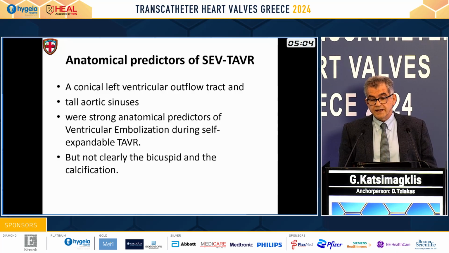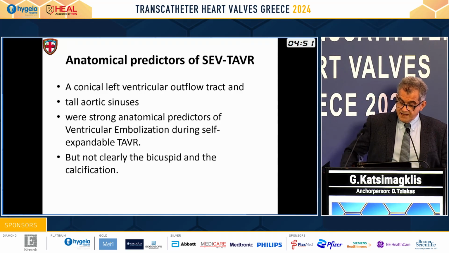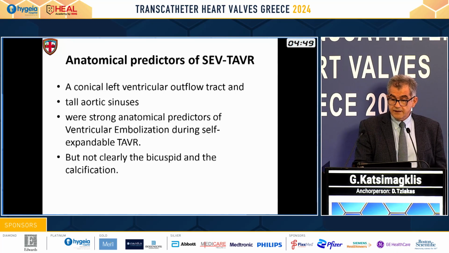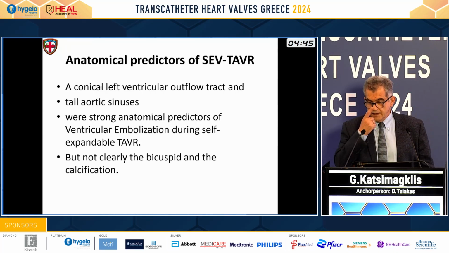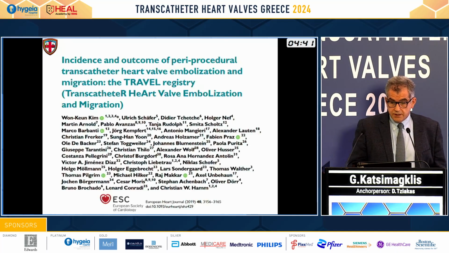That is to say, a conical left ventricular outflow tract and tall aortic sinuses are strong anatomical predictors of ventricular embolization during self-expanding TAVI, but it is not clearly the bicuspid valve and the calcification. These are data from a cohort from an Asian population.